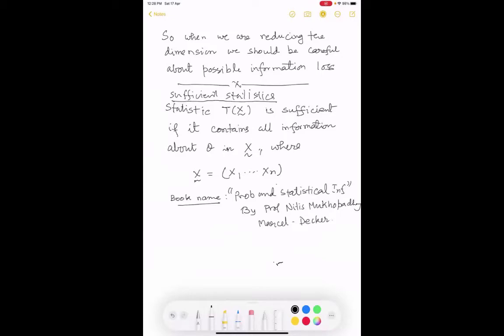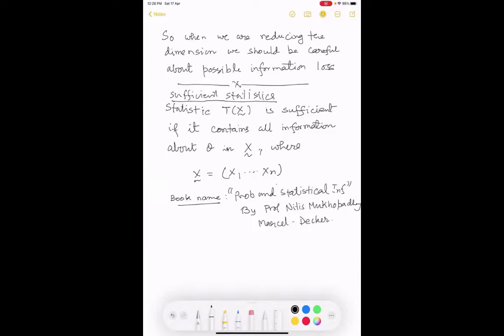I'll check if we can order a copy of this for the CMI library. What I'm thinking is, first I will introduce this concept from Professor Nitish Mukhopadhyay's book, and then I will move to Casella-Berger, the way Fisher presented the concept of sufficient statistics.